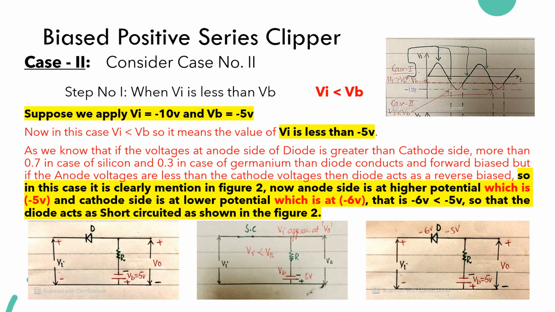So minus 6 volts is less than minus 5 volts, so the diode acts as short circuited as shown in figure number 2. In this figure, the diode acts as short circuited.